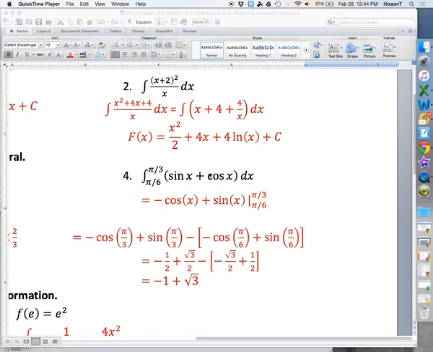Taking the integral, the indefinite integral part was pretty simple. Okay, it's 2 functions added together, so you're just integrating each one. The integral of sine is negative cosine. The integral of cosine is sine. And then we need to find the integral from pi over 6 to pi over 3.